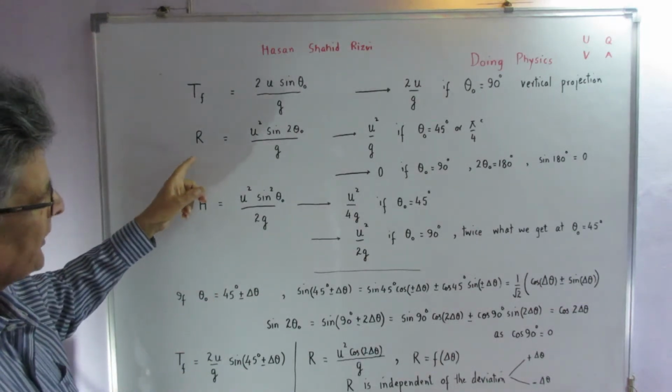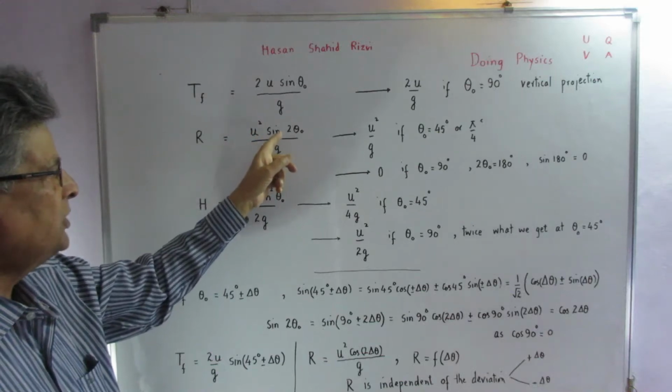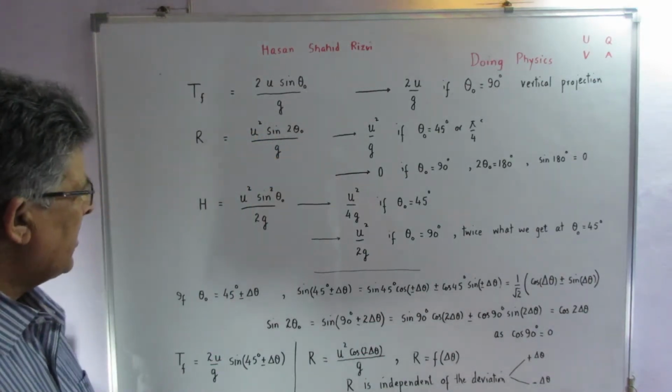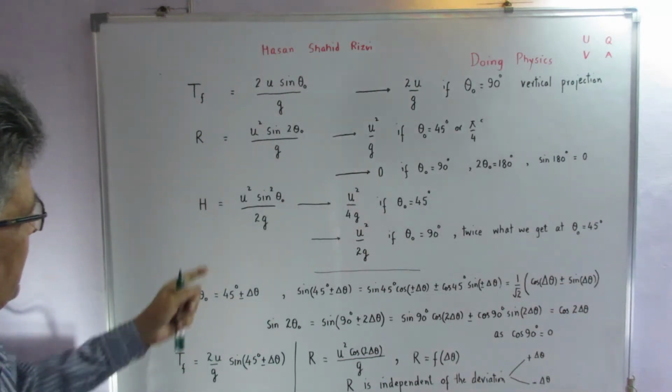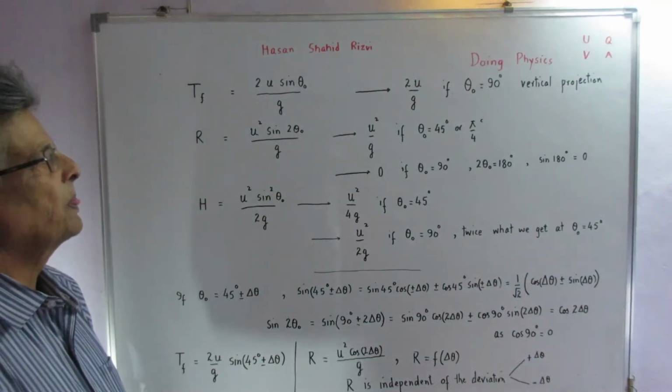Also, the range for that angle turned out to be equal to u square sine 2 theta naught divided by g. And h, the maximum height, we found as u square sine square of theta 0 upon 2g.